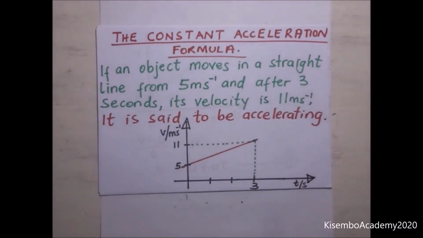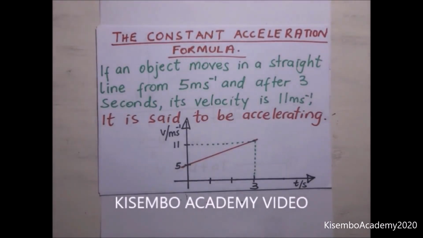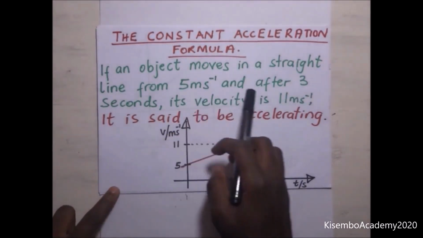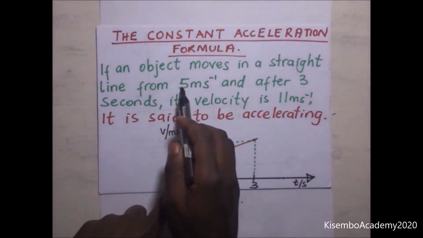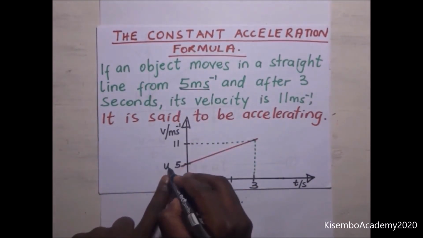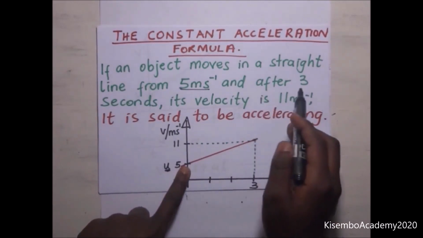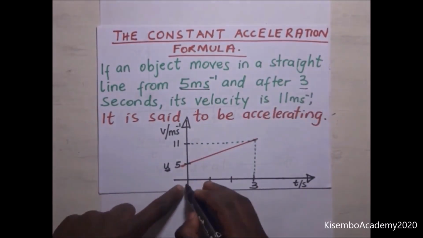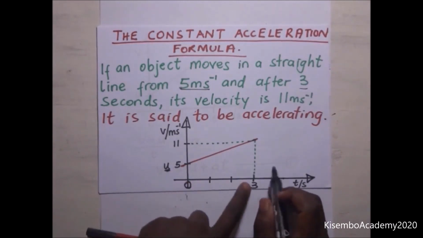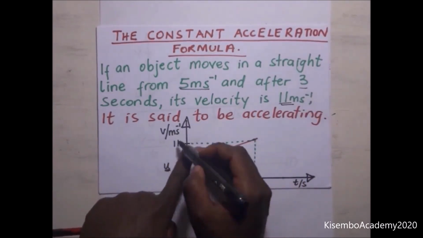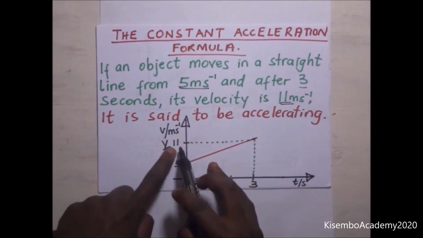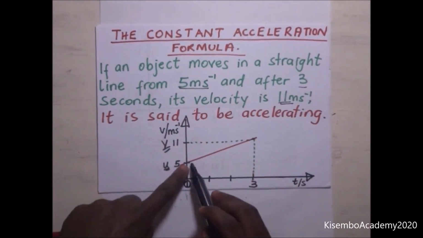Using the illustration on our screen, the write-up says that if an object moves in a straight line from 5 meters per second, and after 3 seconds its velocity is 11 meters per second, this is what has been illustrated here. This object starts moving from 5 meters per second, so it means that 5 meters per second is its initial velocity U. Then after traveling for 3 seconds, from 0, its velocity is 11 meters per second. So its final velocity V is going to be 11 meters per second. Then it means that the object was accelerating.